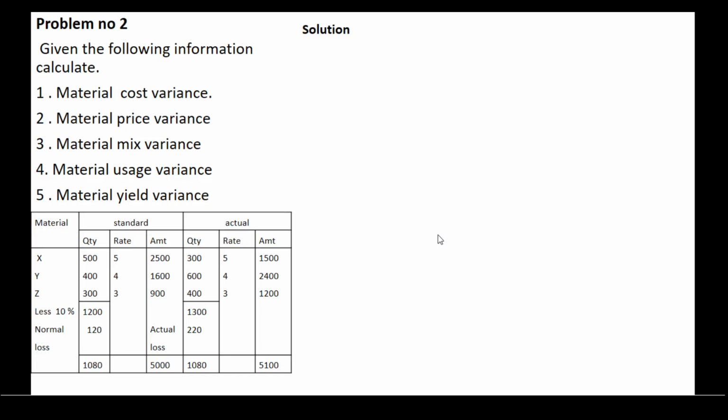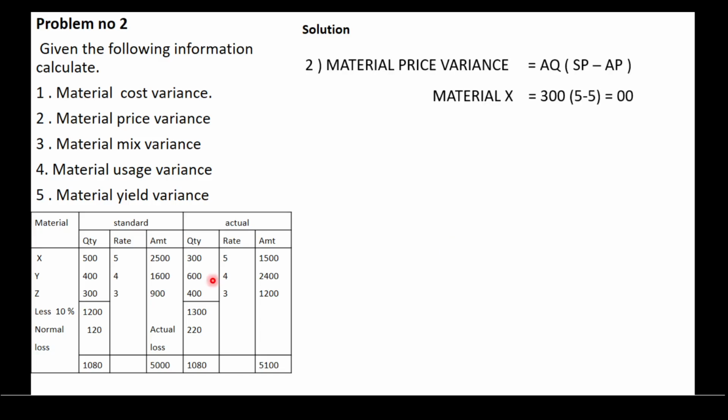The material price variance is calculated by using the formula: actual quantity into standard price minus actual price. So first we calculate for the material X. For the material X, here the actual quantity is 300 kgs, the standard price rupees 5 and the actual price rupees 5.